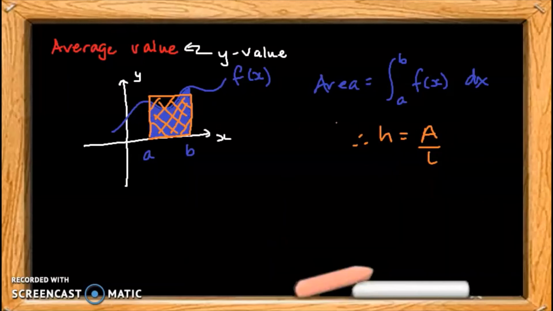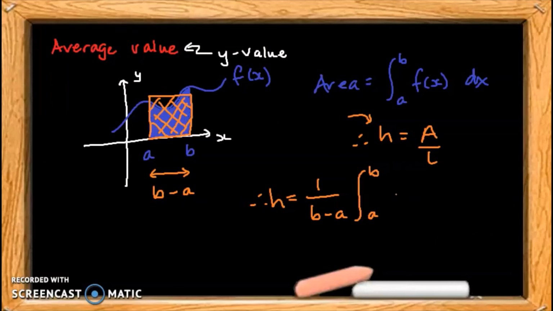My height is my average value. That's what I'm looking for. My area is this function here, and my length is the distance between A and B, or B minus A. So therefore, if I take this as a fraction, my length will be 1 over B minus A, as it's on the denominator, multiplied by my integral of f of x dx.